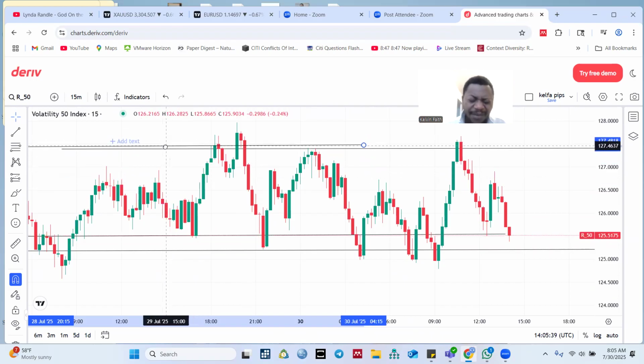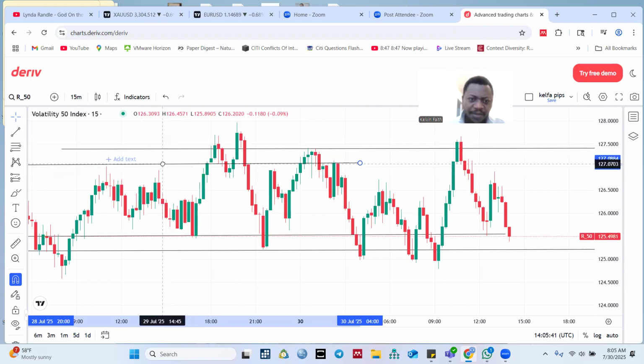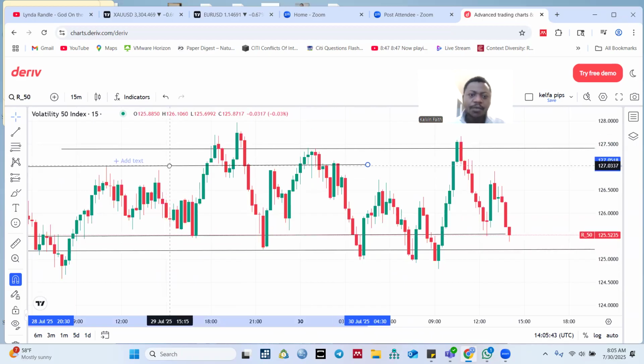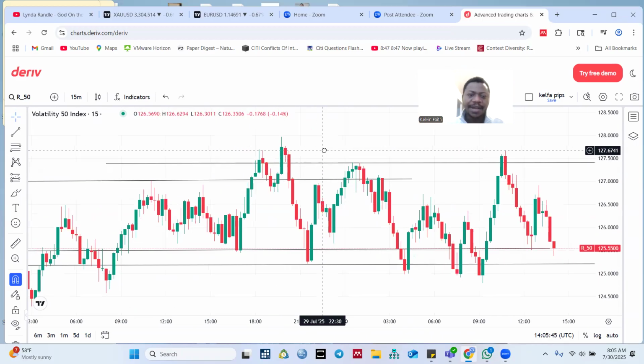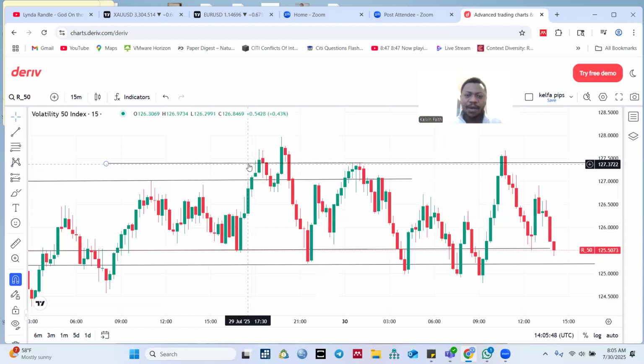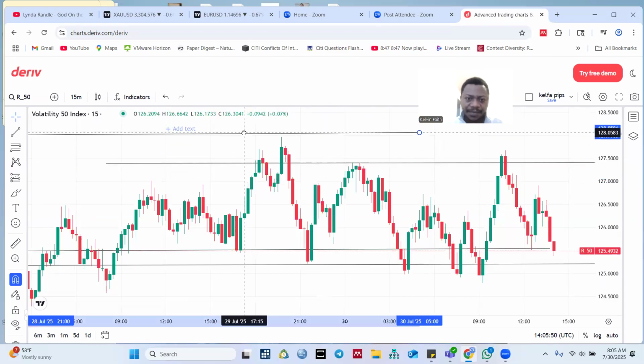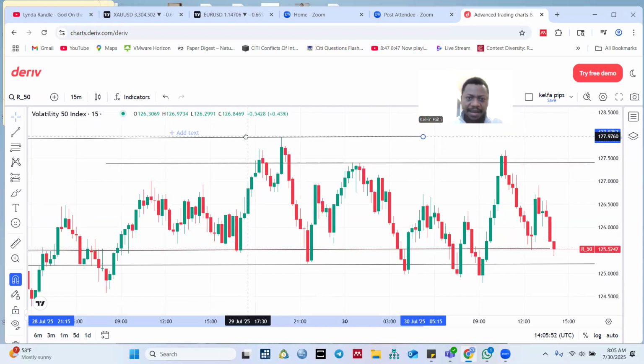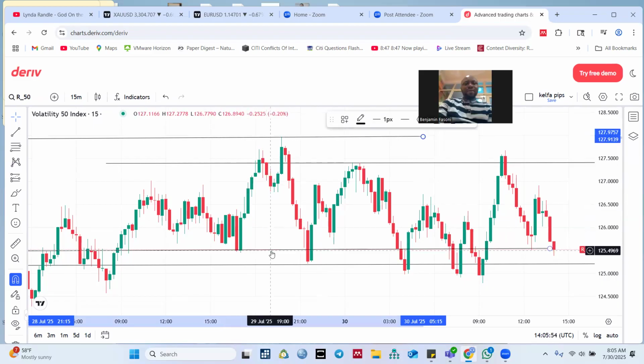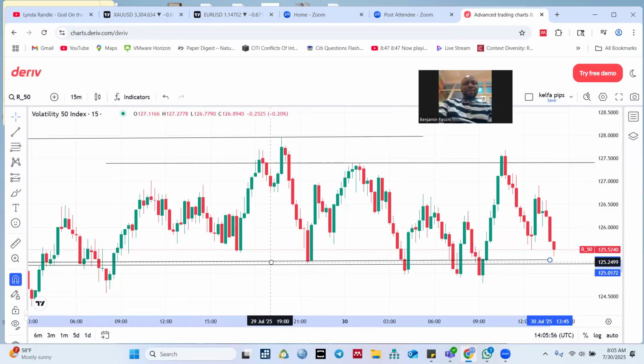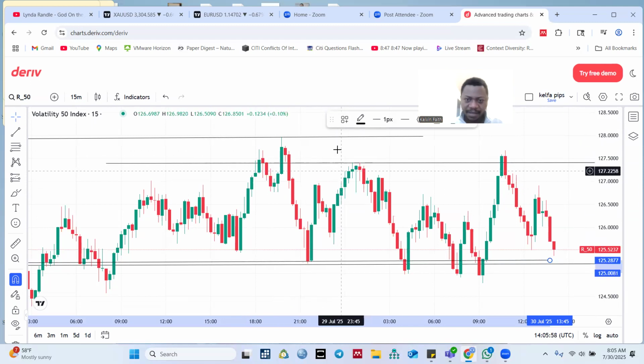Notice there is another fair value gap at the top here. So there are two fair value gaps. Which one do you choose? So for me, what I did yesterday was I used this high and then this low as my context, because this price action wasn't around yesterday.